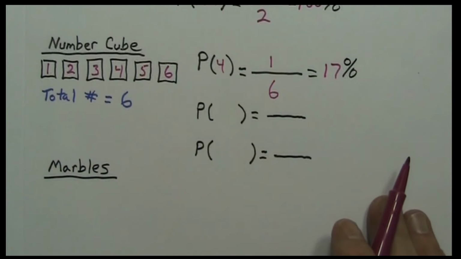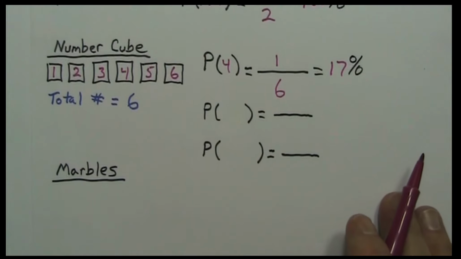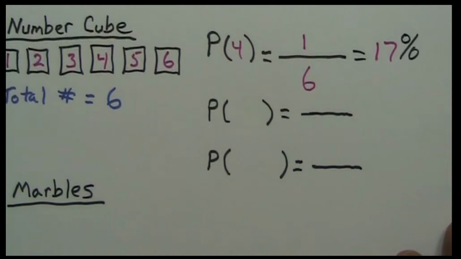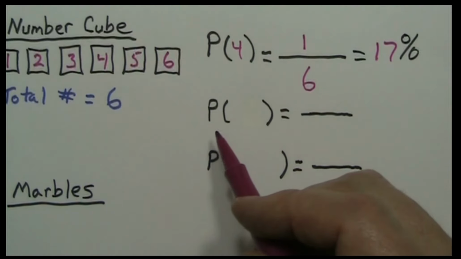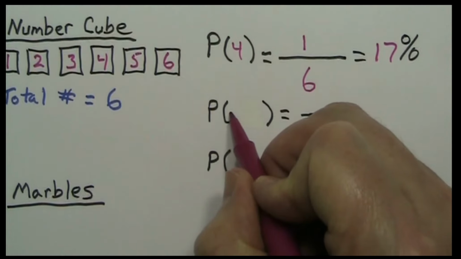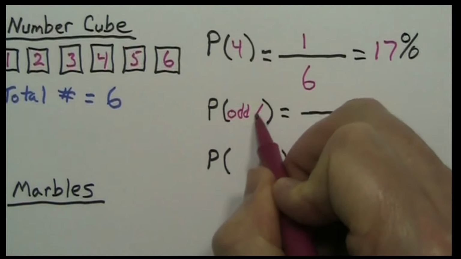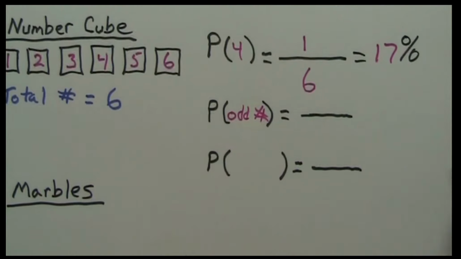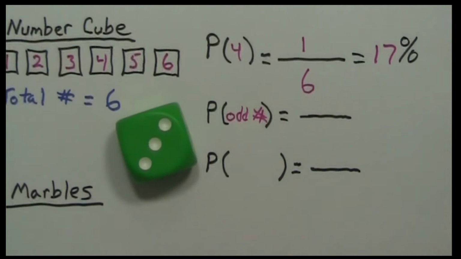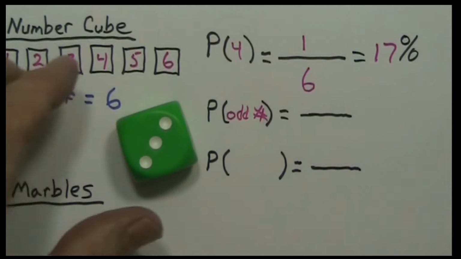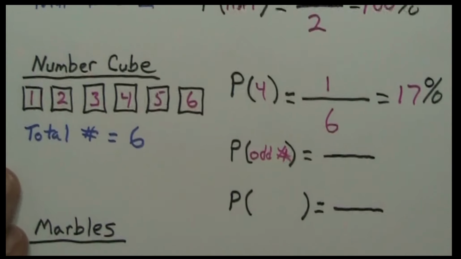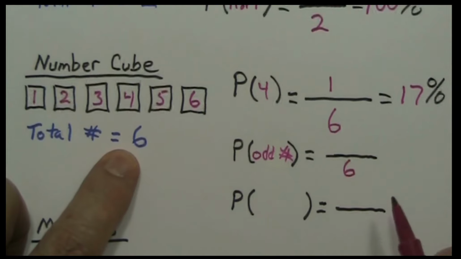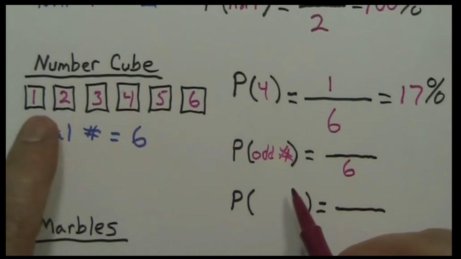Okay, let's do 2 more examples of probability on a number cube. What about the probability of rolling an odd number? Like there, I rolled a 3. That's an odd number. There's a total of 6. That goes to the bottom. And then how many odd numbers are there?